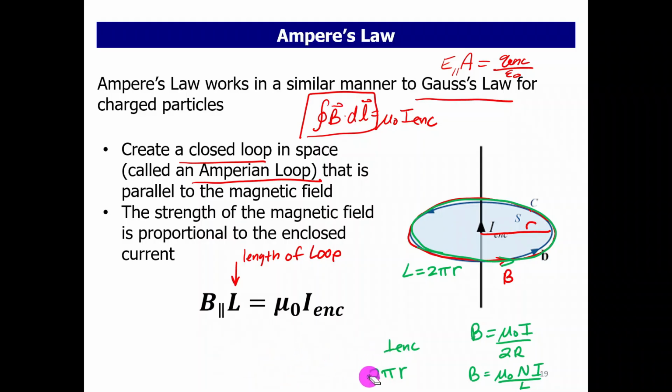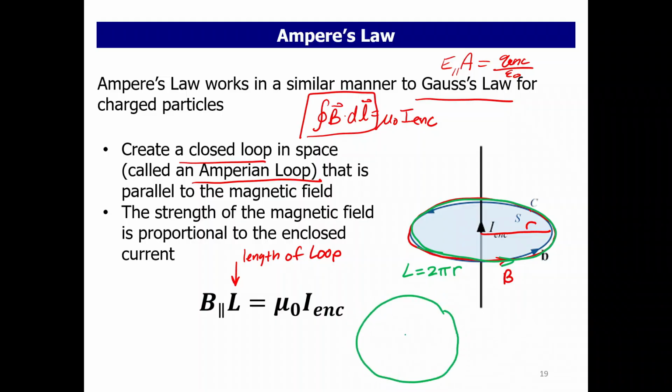But one example that you might see is when you have multiple wires. Let's say I have a loop here, and I have a bunch of different wires. I have I1 coming out of the page, I2 going into the page, I3 maybe coming out of the page, and then maybe over here I4 out, and into the page I5.